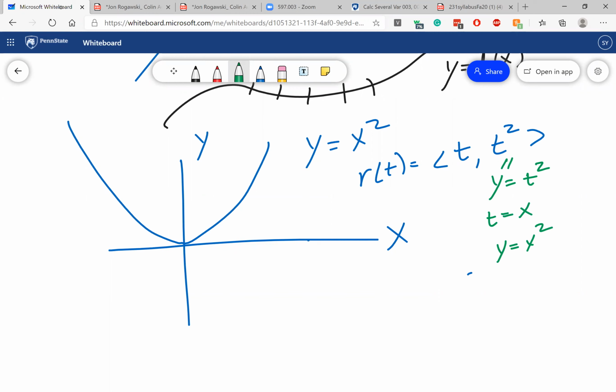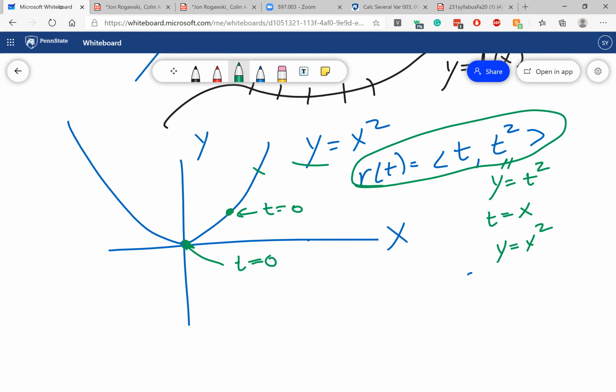So at r of 0, you're here. This is at t is equal to 0. At t is equal to 1, you're going to be here. So now you're going along this curve. This is a parameterization of the curve. This is the curve. Okay.